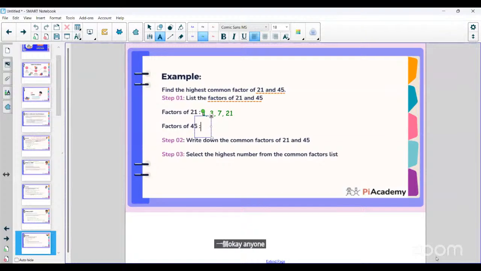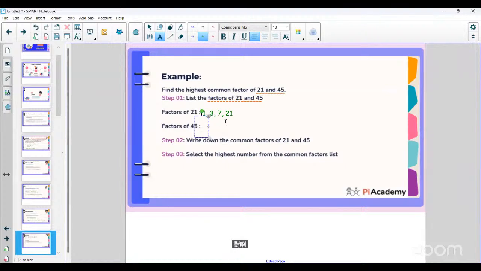Anyone? Yes? Pari, what are the factors of 45? Is 1 a factor of 45?